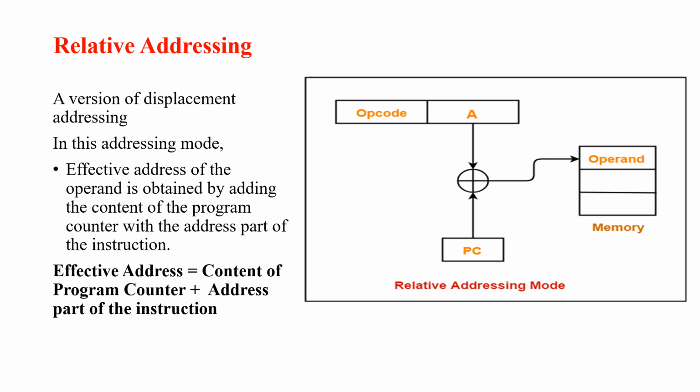For instance, when executing a branch instruction, the processor can quickly calculate the target address by using the current value of the program counter, which points to the next instruction, and adding the specified offset from the instruction itself. This ensures that the program can jump to the correct location seamlessly.